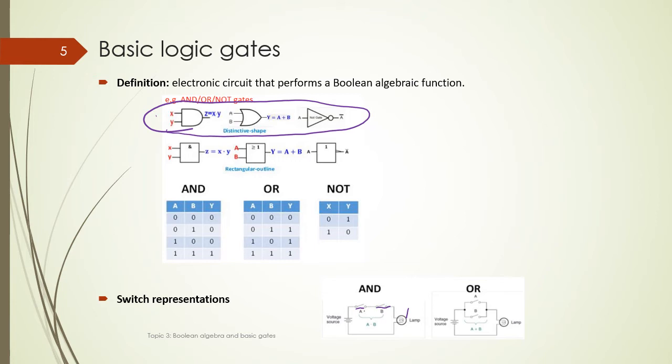When you close them, you put both A and B in the on state, or the 1 state. So 1 1, you get 1 here. For OR, you have parallel switches. In order to turn on the lamp, in order to get a 1, you just need to close one of the switches. So that might help some of you to understand the operation.